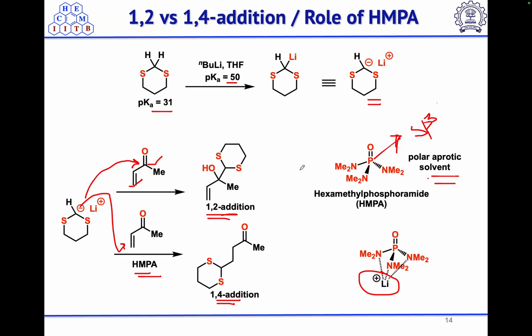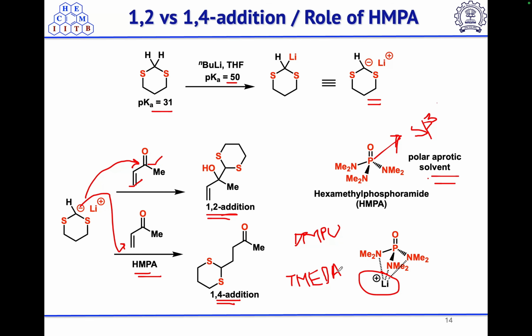Also, there are many reagents like DMPU, similar kind of compounds. Sometimes people use DMPU, and sometimes people use tetramethylethylenediamine, TMEDA. So the role is the same. The compounds or reagents are different, but the role behind this is the same.